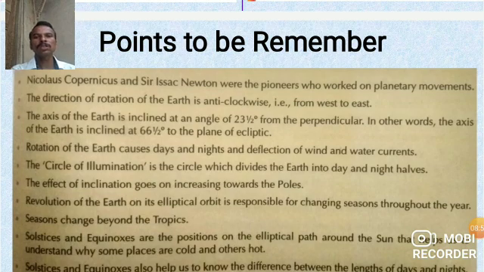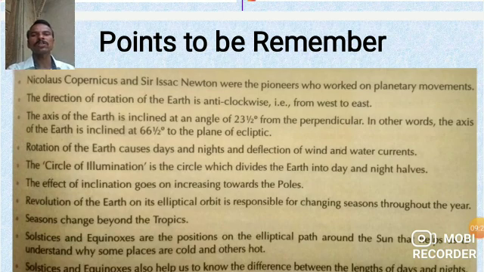The axis of the earth is inclined at an angle of 23 and a half degrees from the perpendicular. In other words, the axis of the earth is inclined at 66 and a half degrees to the plane of ecliptic, or orbital plane, we say. The rotation of the earth causes days and nights and deflection of wind and water currents.